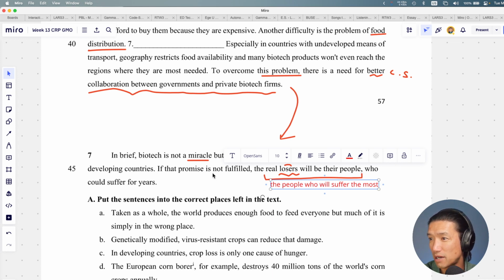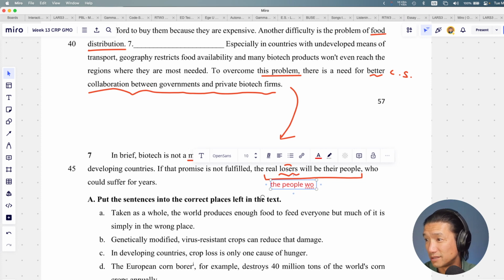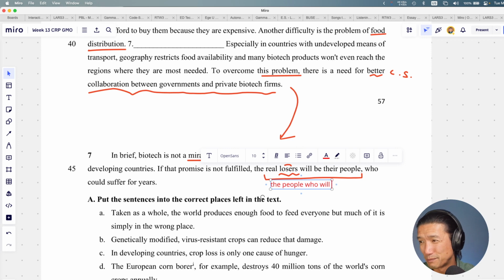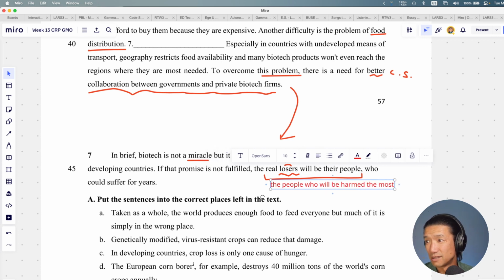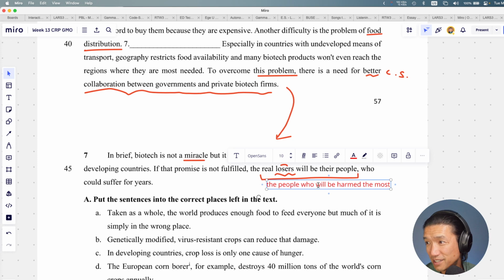If that promise is not fulfilled, the people who will, I don't know, what's another, will be harmed the most. The real losers will be their people. The people who will be harmed the most.